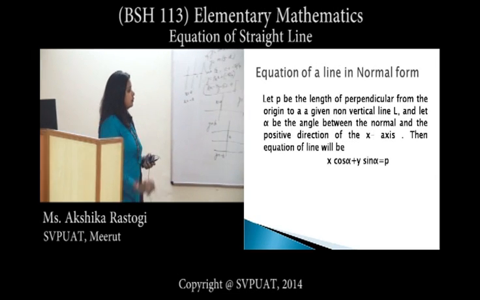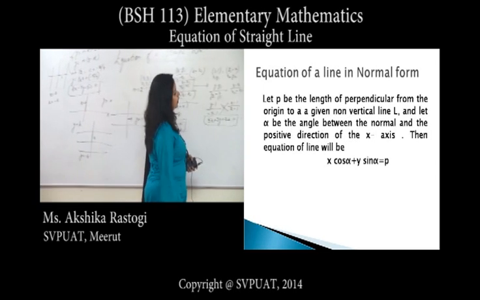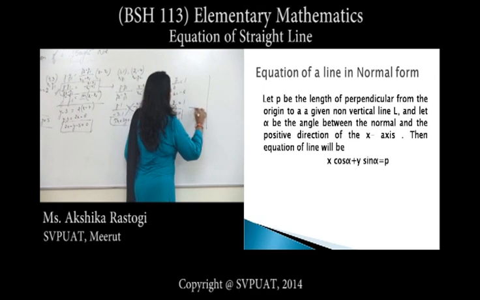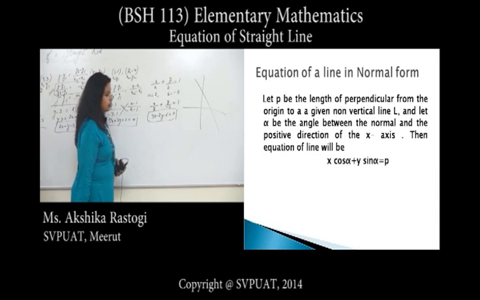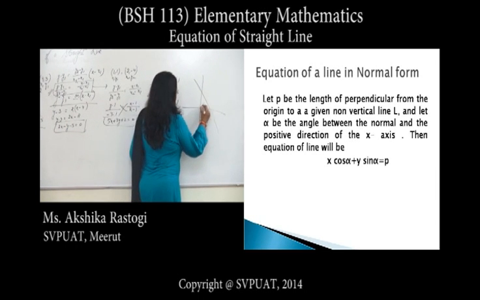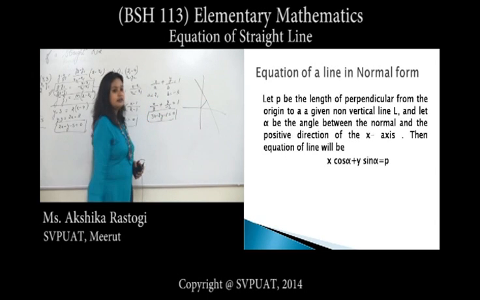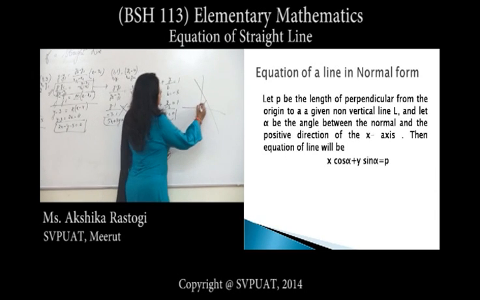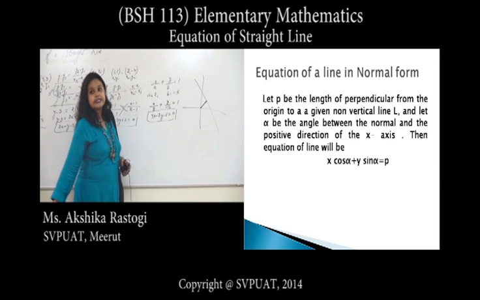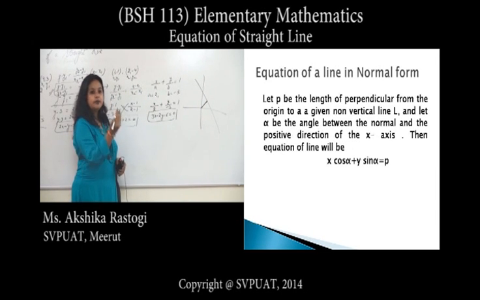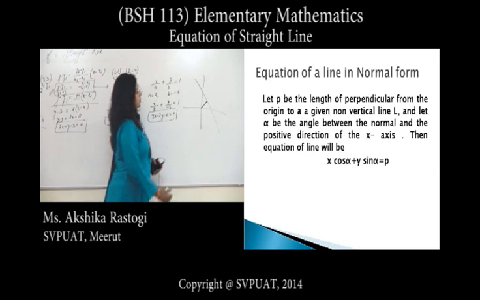So the condition looks like this. What is given in the question? You can see it's a non-vertical line. The length of the perpendicular is given. This is the perpendicular which starts from the origin to that particular line.